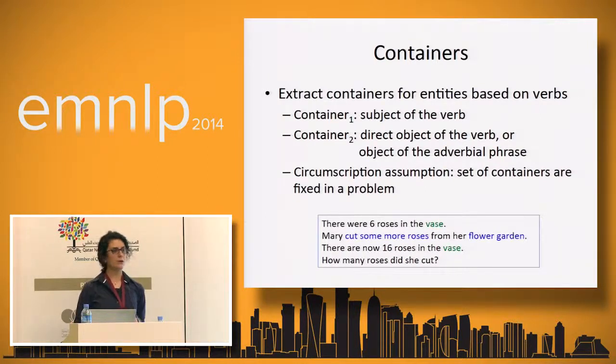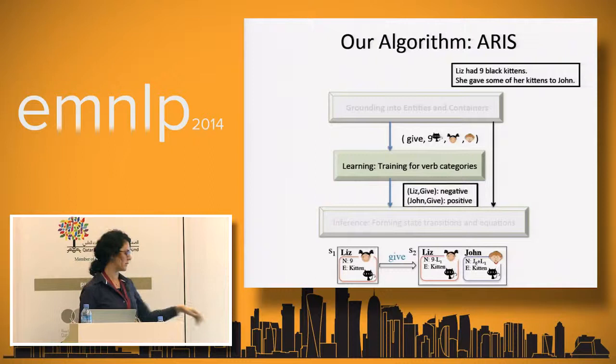We also want to deal with missing information, and the way that we handle it is to use a circumscription assumption, where the idea is that the set of containers are fixed in our problem set. And this way, we know that the roses that are cut from the flower garden have been put in the vase because we have a fixed set of containers.